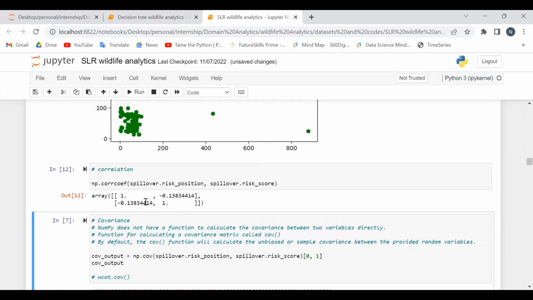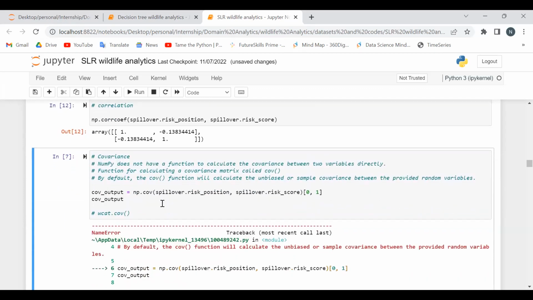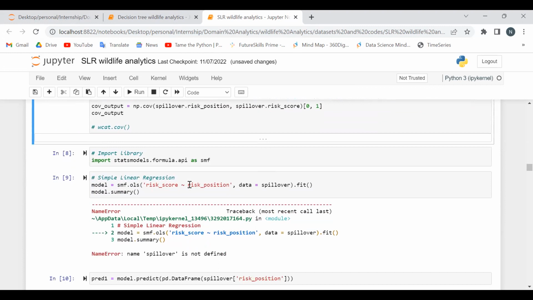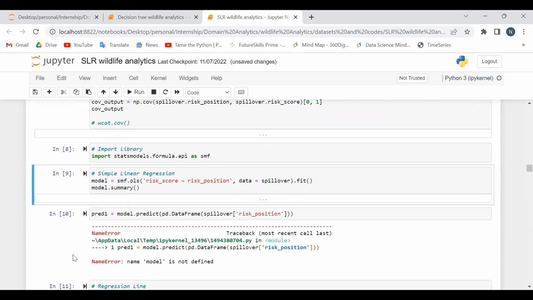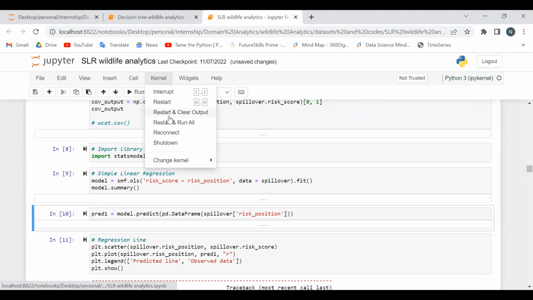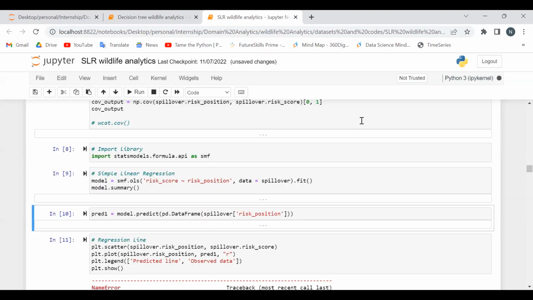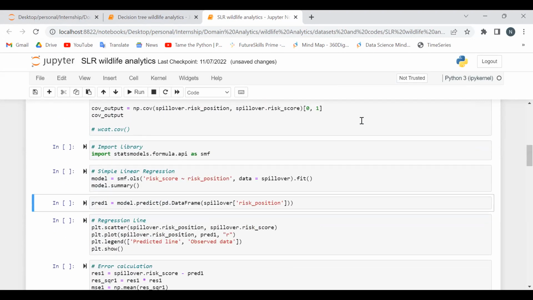So this is the correlation of the data. Okay.